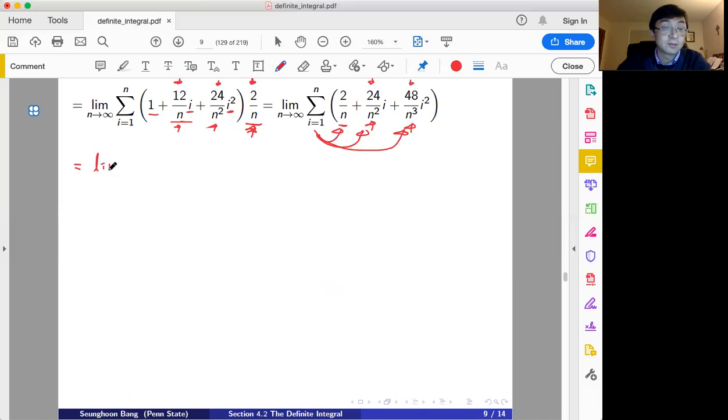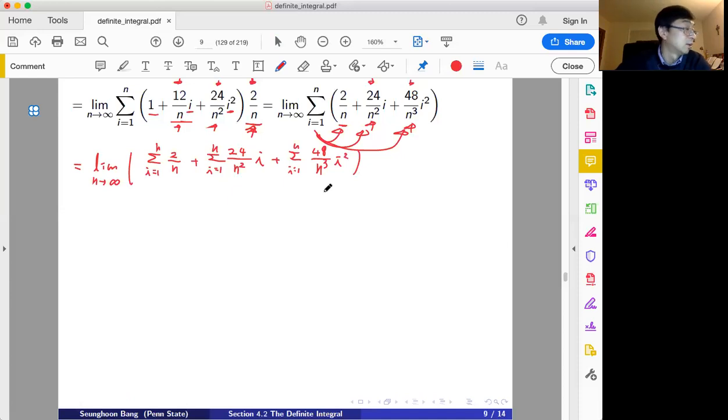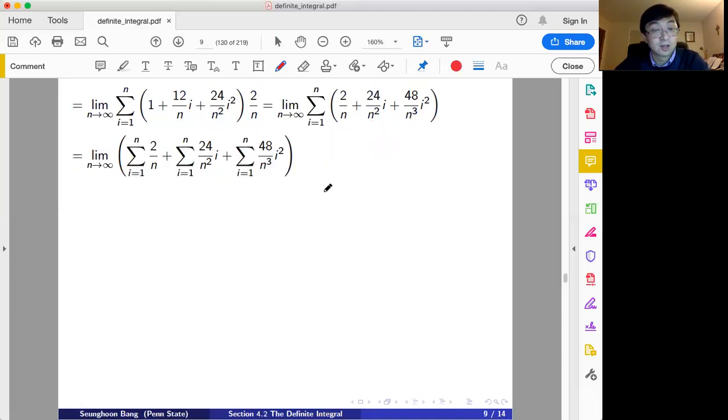We have the limit as n approaches infinity of the summation from i equal 1 to n of 2 over n, plus the summation from i equal to 1 to n of 24 over n squared times i, plus the summation from i equal 1 to n of 48 over n cubed times i squared. So we have this form.